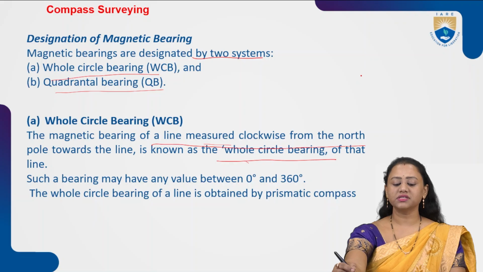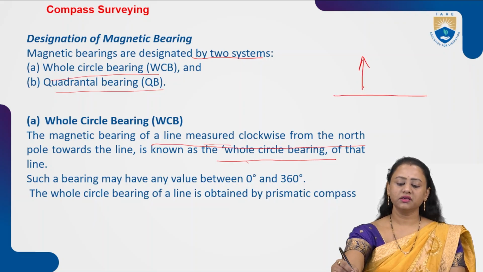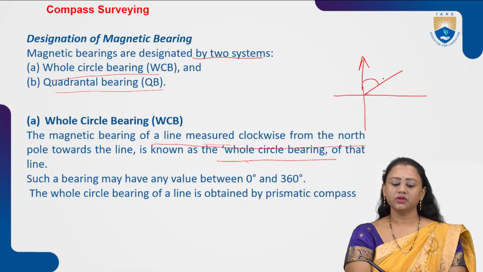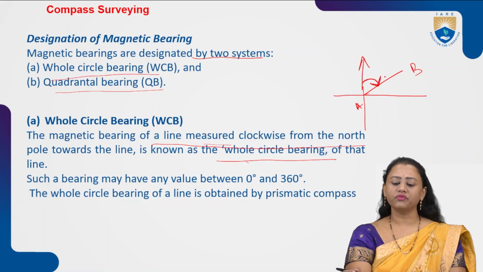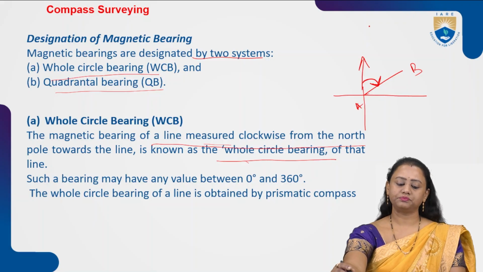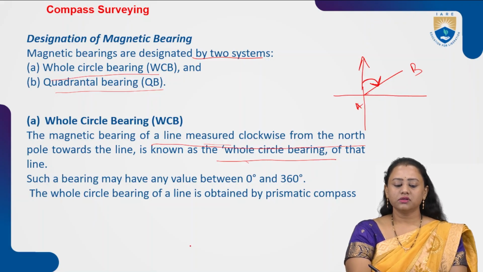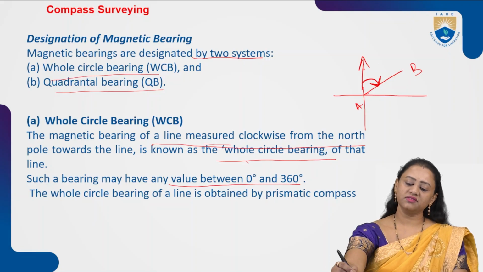So when this is the magnetic north, and we are measuring any line, we are measuring the angle that it makes from the magnetic north, and that is known as the whole circle bearing. So there is a line AB, and we are going to measure the angle of this line AB from the north. Such a bearing may have a value from 0 to 360 degrees.